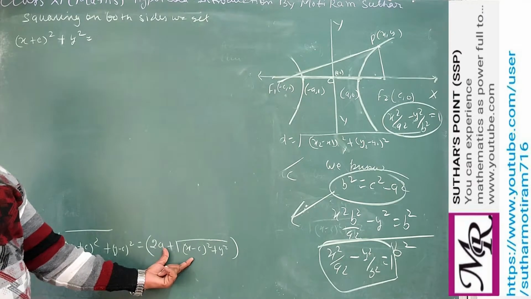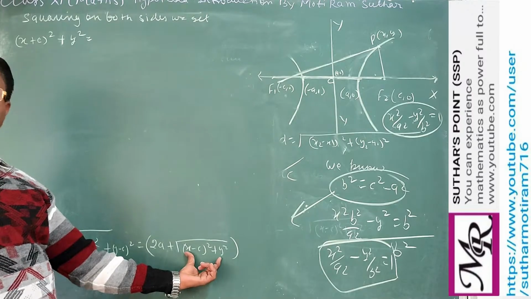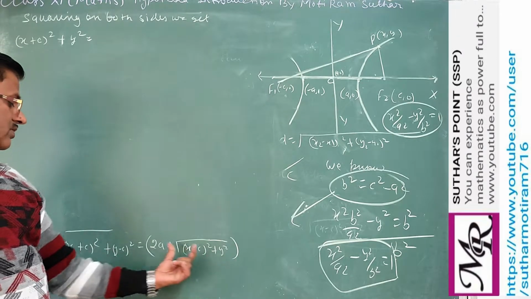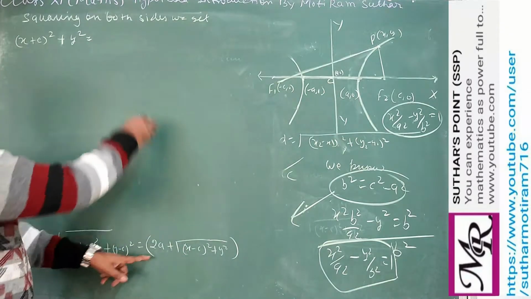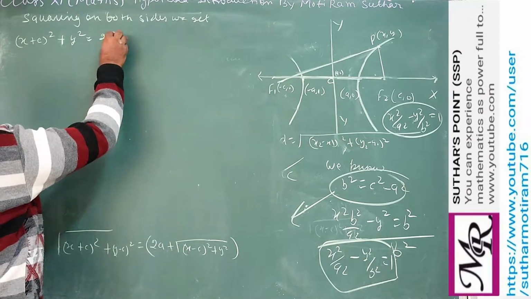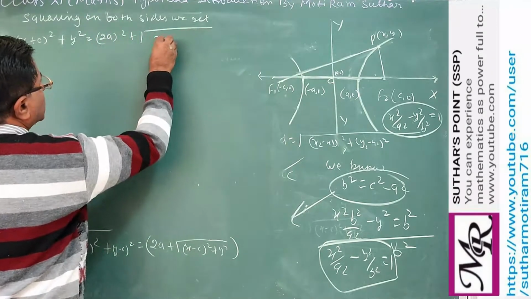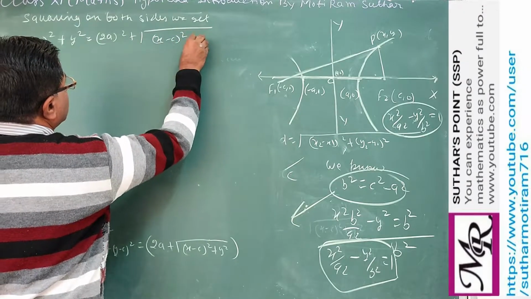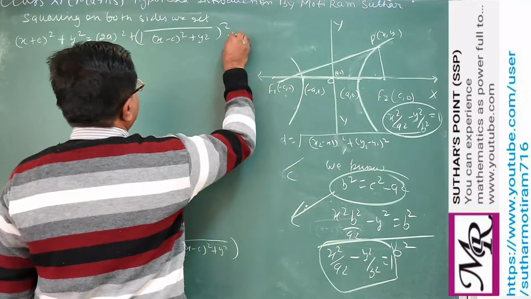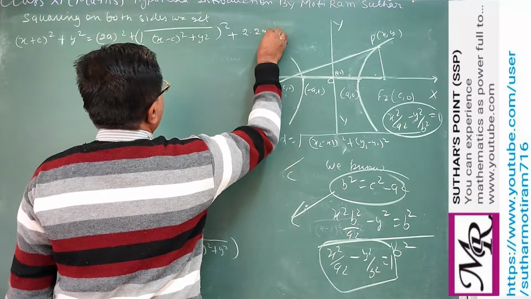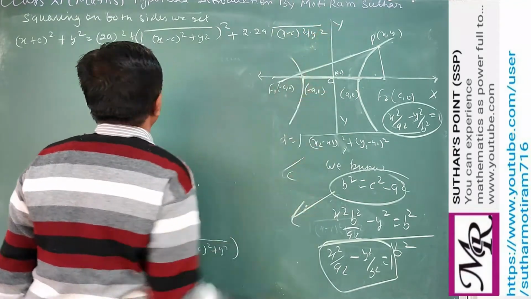On the right hand side we have (a plus b) whole square, where a means 2a and b means root of (x minus c) whole square plus y square. Using the formula, a square plus b square plus 2ab, we get (2a) square plus the root term squared, plus 2 into 2a into root of (x minus c) whole square plus y square.